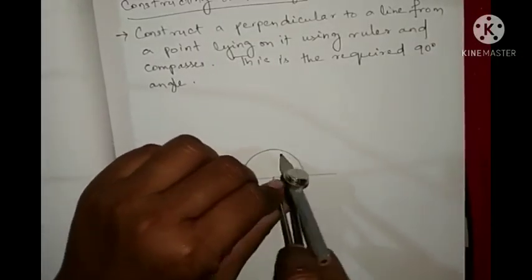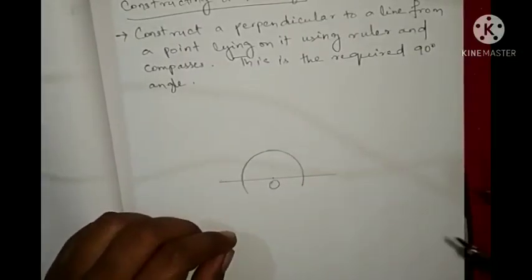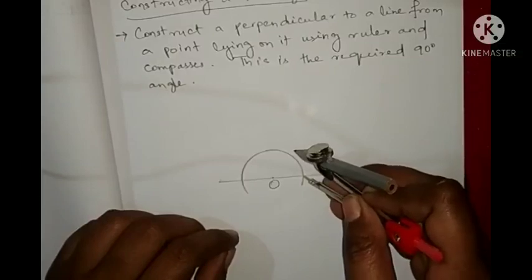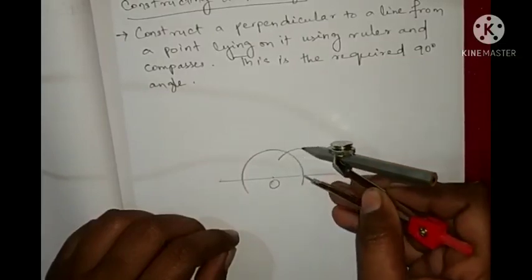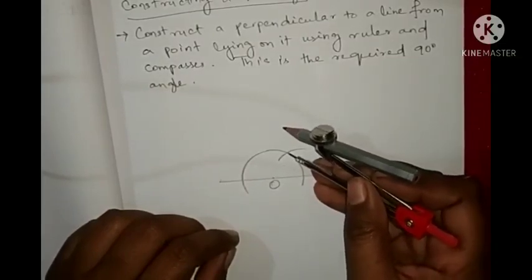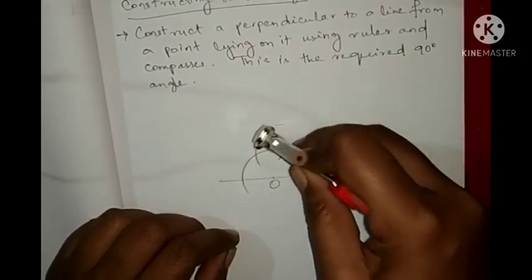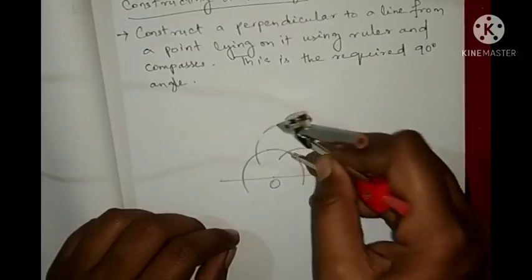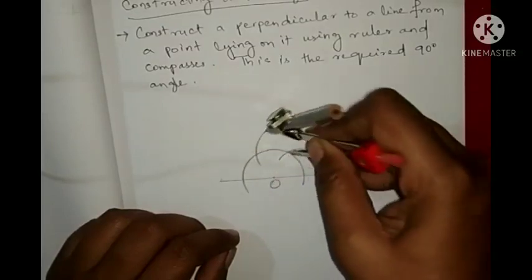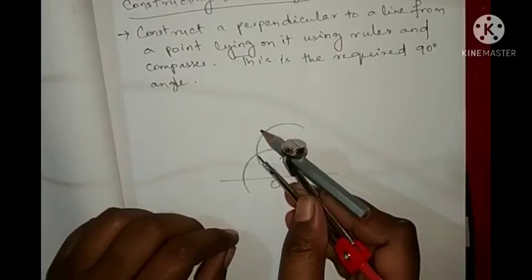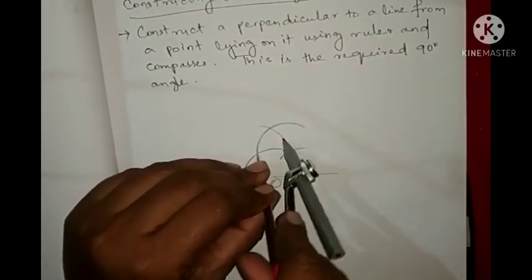With the same measurement, cut here. Take 60 degree, then take 120 degree, and here also make an arc. Then from this 120 degree cut the arc.